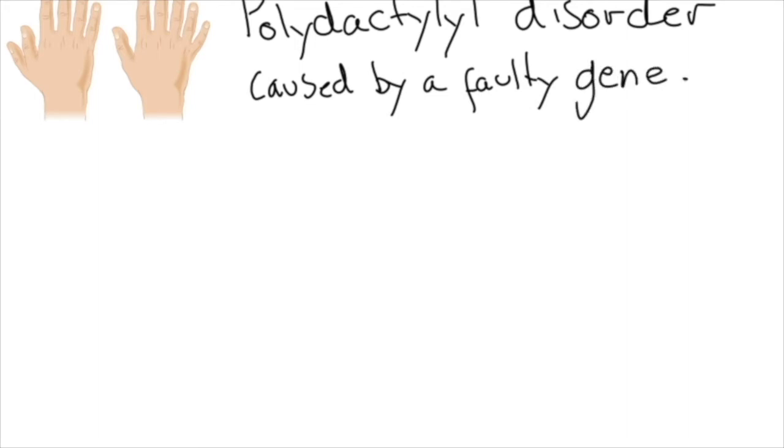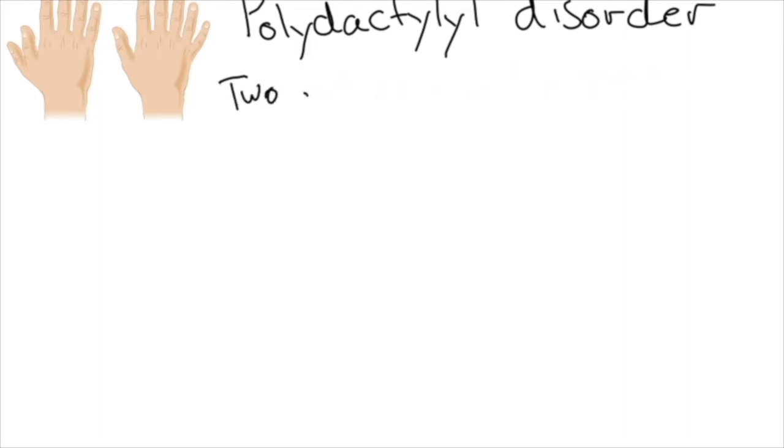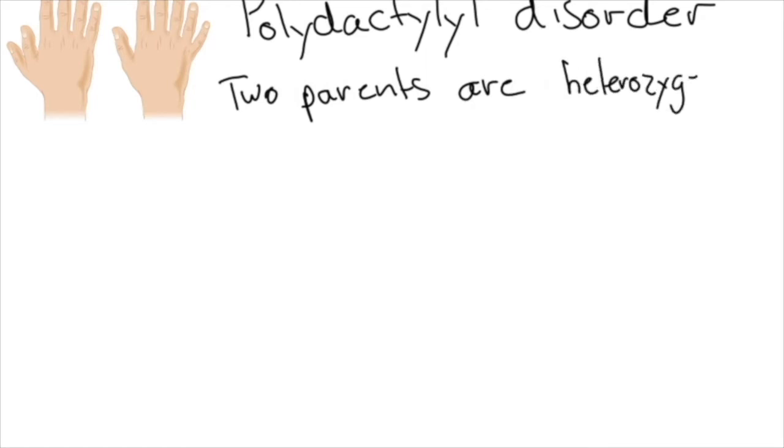So if you get one or two alleles for this, you'll definitely display this disorder, this extra digit. And so you'll often get a question asking you about the inheritance of a disorder like this. So it says here, two parents are heterozygous for polydactyl disorder, or for the disorder.